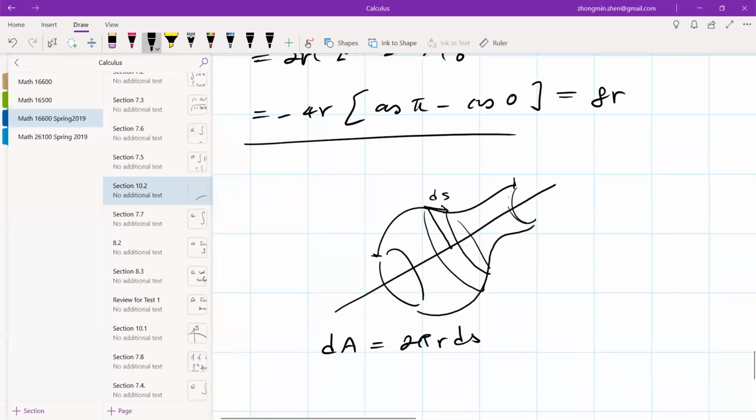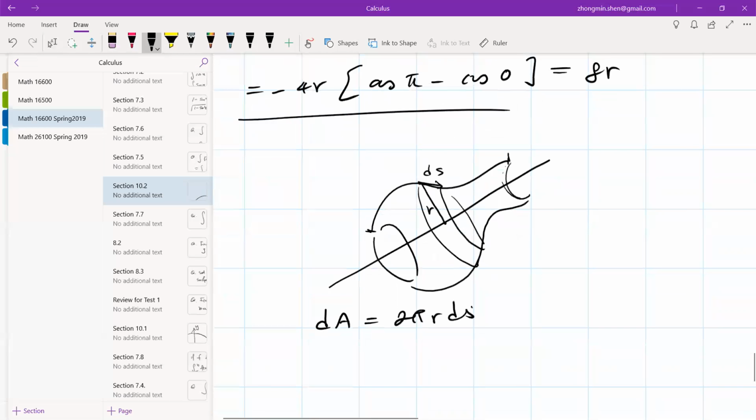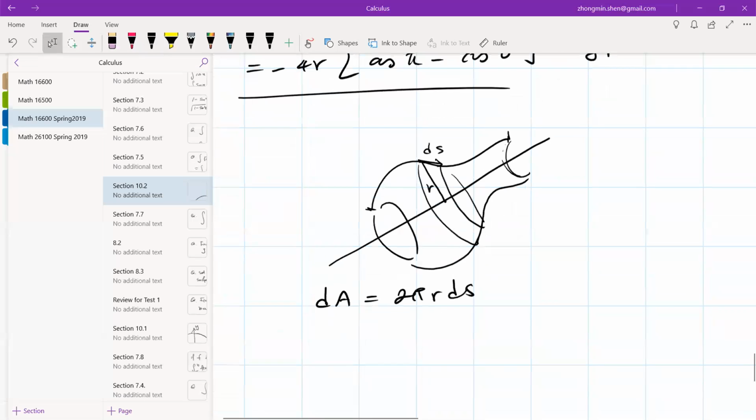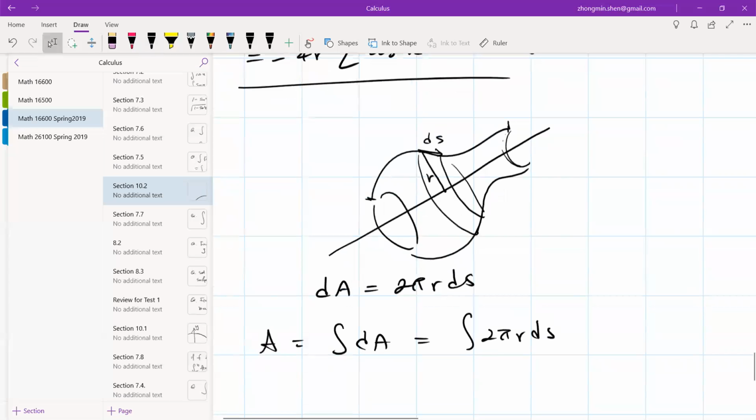R is that radius. So if you are able to replace ds by another parameter, you have to do that. Otherwise, it's almost impossible to evaluate the area. So the surface area element dA is going to be 2 pi r ds. That's the idea. It's magic, right? So this will be a single integral.